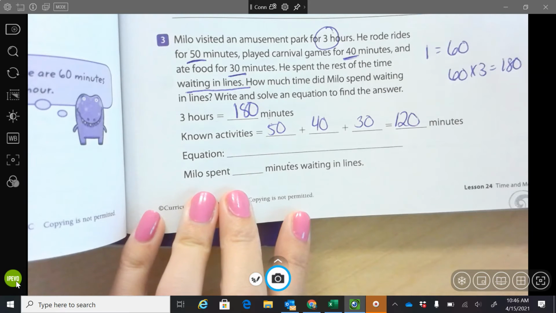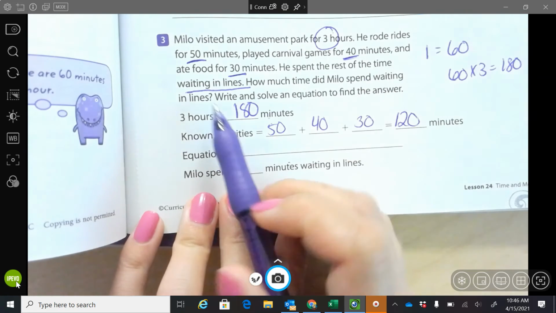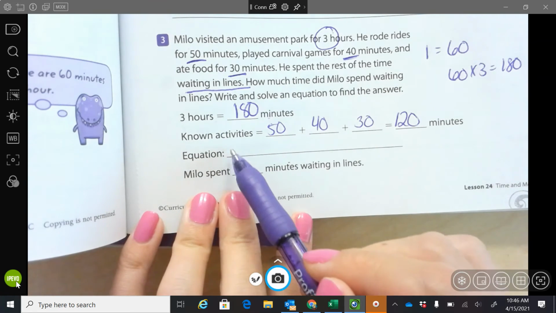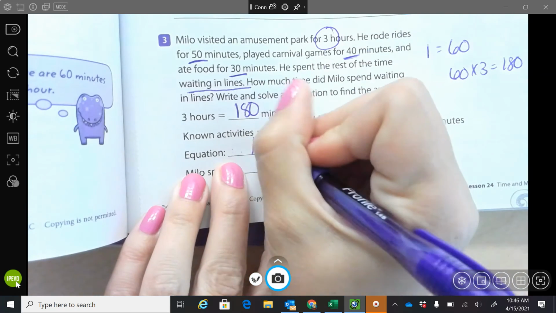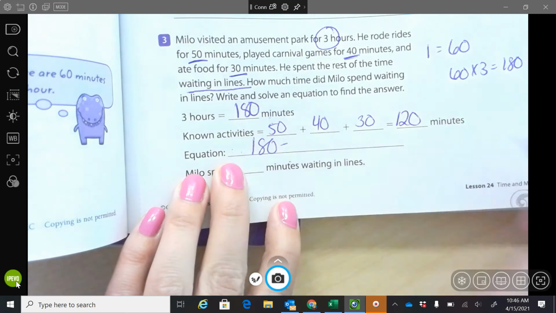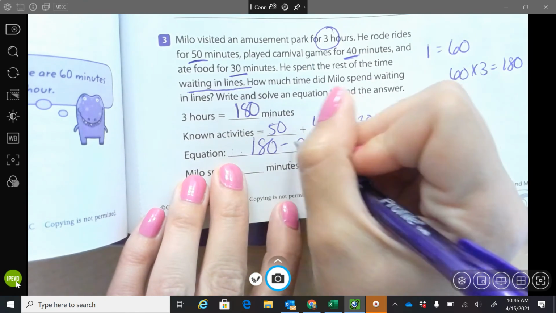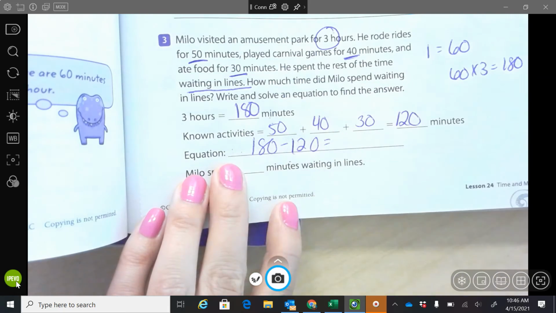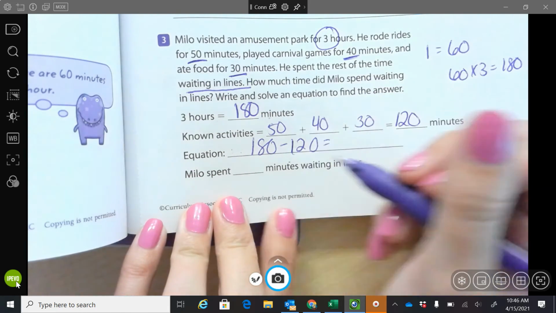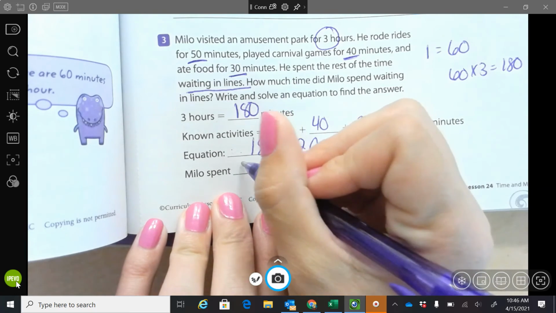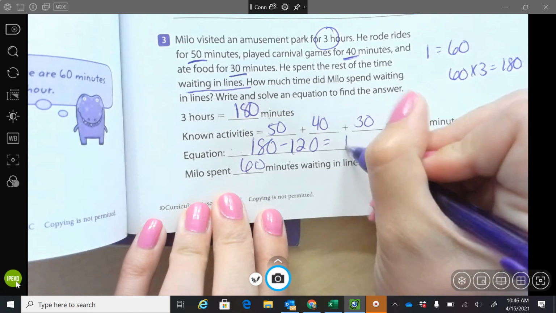But what is this question asking us to find? How long does he spend waiting in lines? How can we figure that out? What would be our equation? Jackson? 180 minus 120. Okay, so the amount of time he was at the park minus the amount of time we know he spent doing things. So what's 180 minus 120? 60.